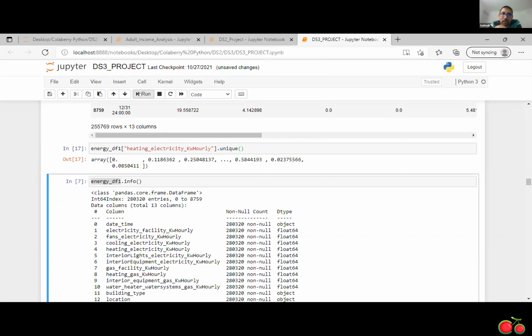Now, if you do len, and then put everything that you wrote over there, it will tell you how many unique values are there in that column. What am I doing on here? You're basically looking at the various values that are there. Now, if you see, all the values are like 0, 0.11, 0.25. Some of them are 2s, 3s, and so on.